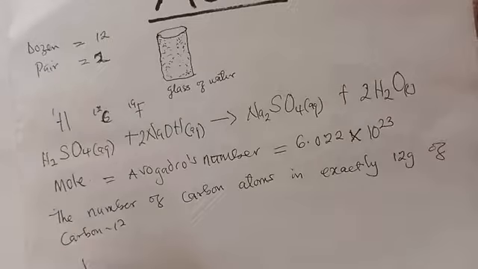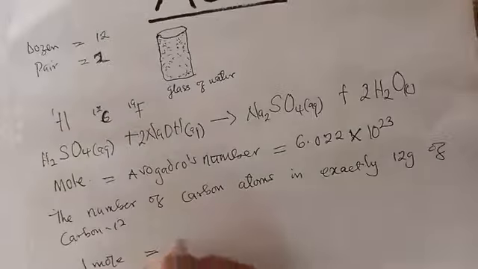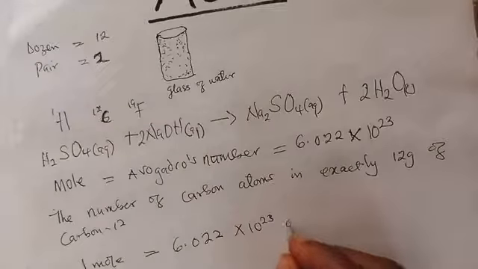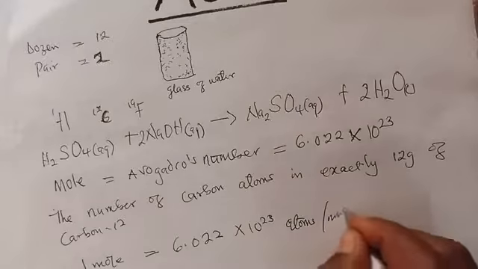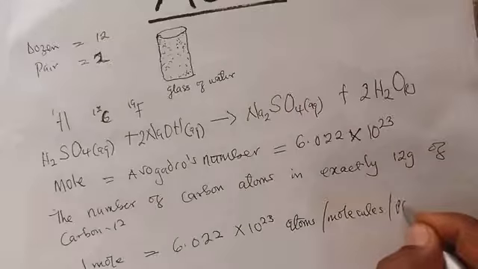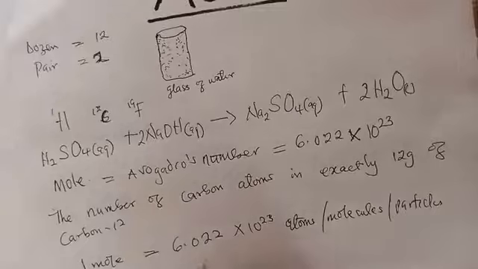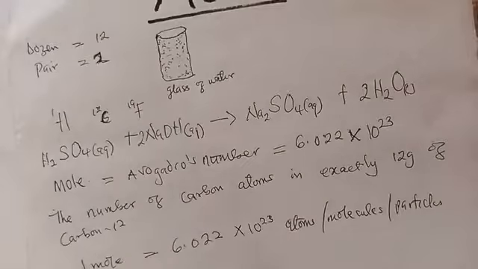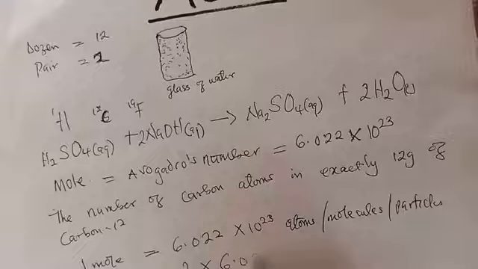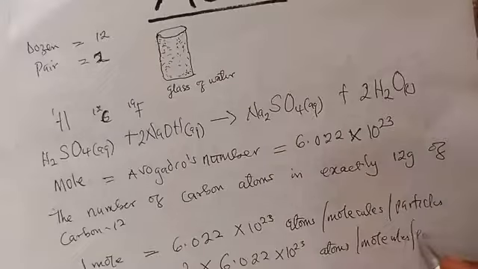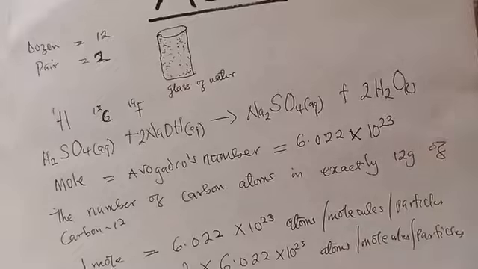So 1 mole of any substance is equal to 6.022 times 10 raised to power 23 atoms, molecules, or particles. 2 moles will be equal to 2 times 6.022 times 10 raised to power 23 atoms, molecules, or particles.